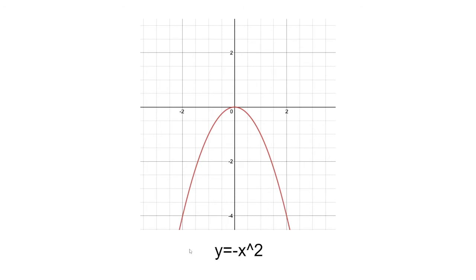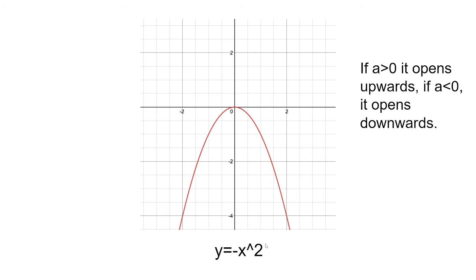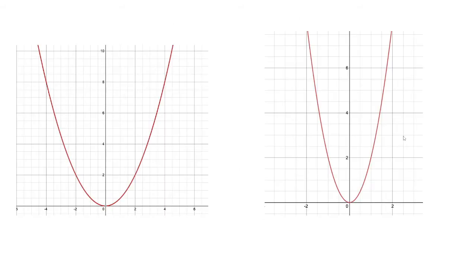This is because this equation is y equals negative x squared, meaning the a is -1. So, if a is greater than 0, it opens upwards. If a is less than 0, it opens downwards. So -1 is less than 0, so it's going to open downwards.